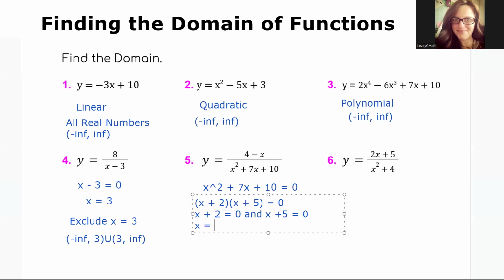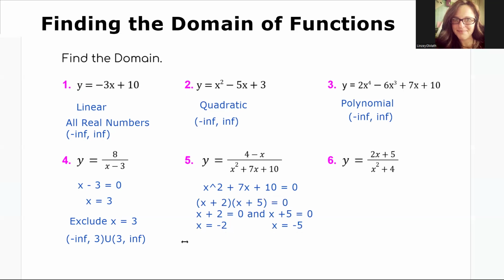And we see that we need to exclude when x is equal to negative 2, and when x is equal to negative 5, we will get 0 in the denominator. So our domain, negative infinity up to negative 5, but not including negative 5. We'll jump over negative 5, we'll go from negative 5 to negative 2. Union, we'll jump over negative 2 and go right on to infinity. There's our domain for number 5.